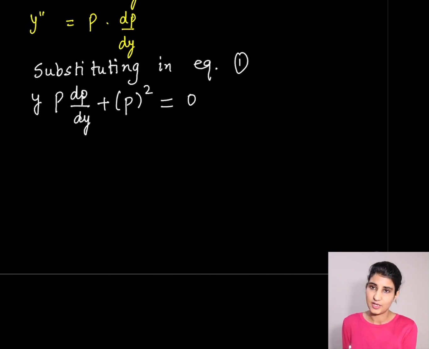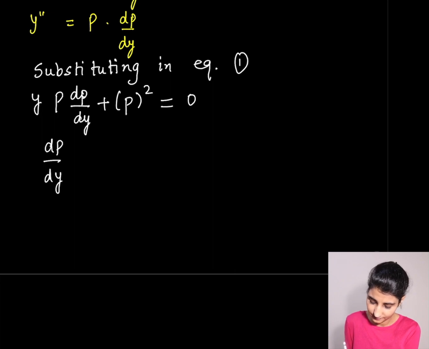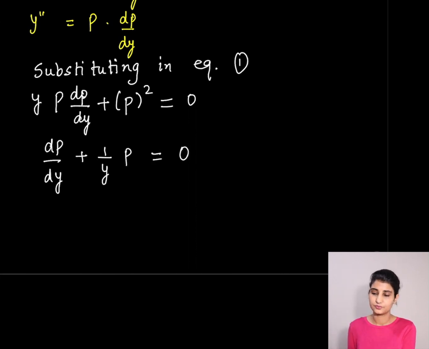Let's divide by yp to make the coefficient of dp over dy equal to 1. So we have dp over dy plus p over y equal to 0, right? Again, this is a separable equation.